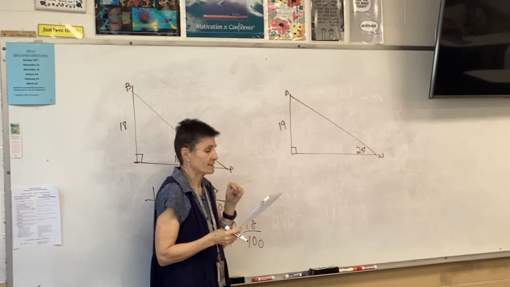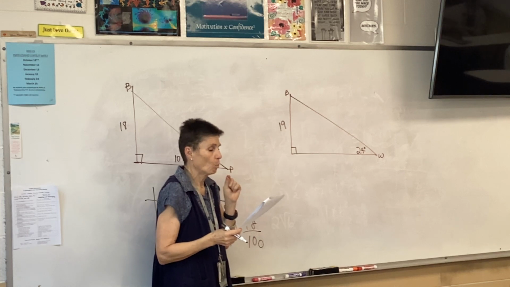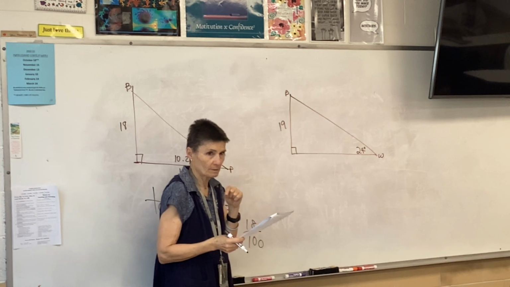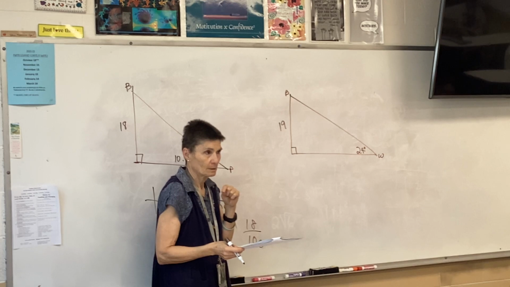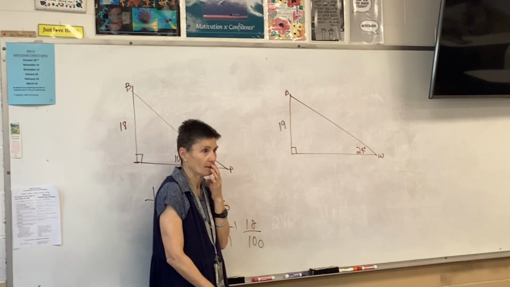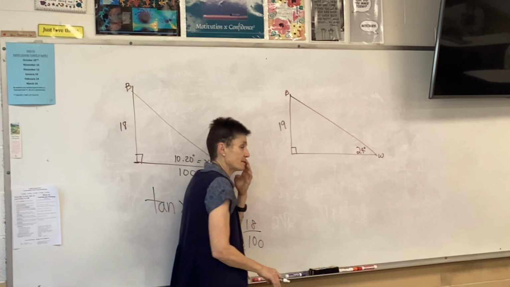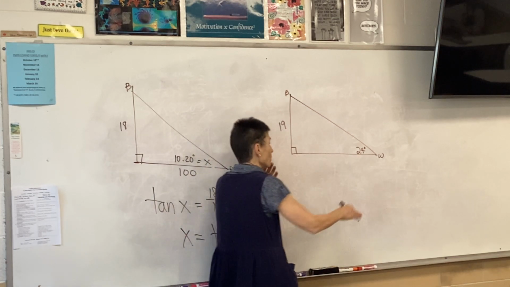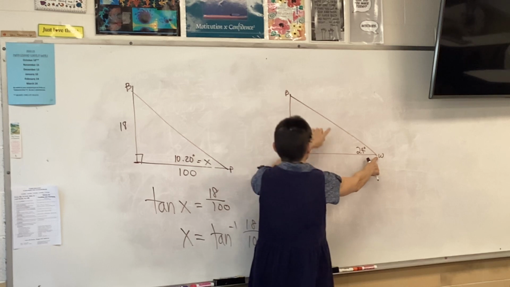Find the distance from a worm to a bird. So somewhere I have to put the x. Where's the x gonna go? Distance from worm to bird.